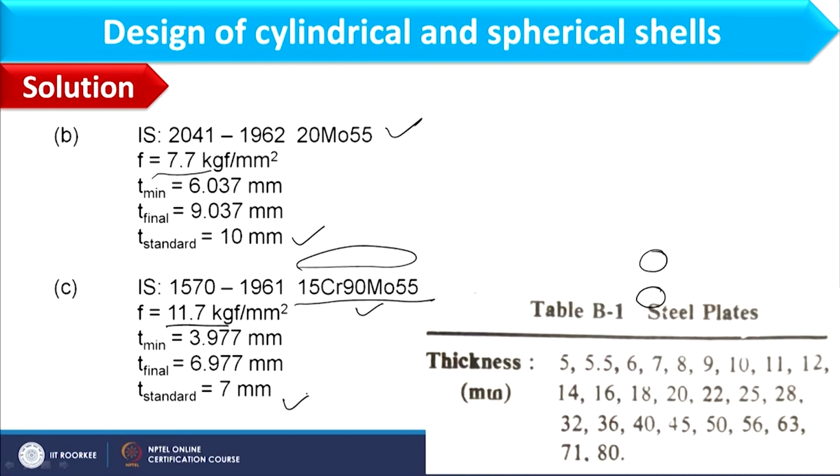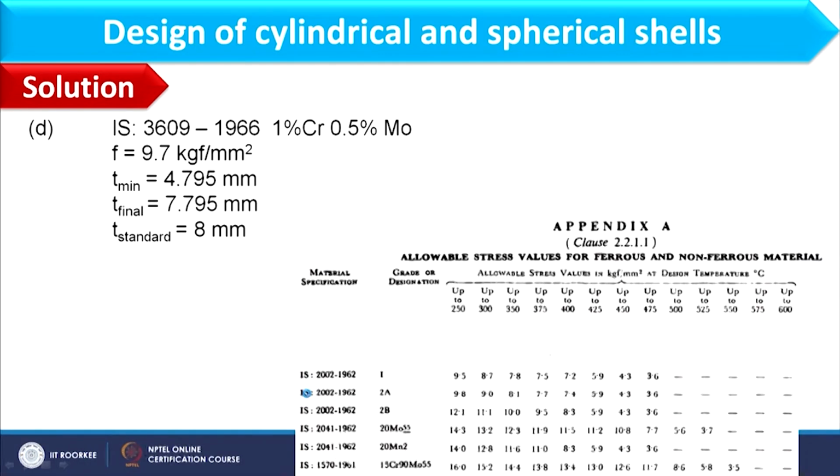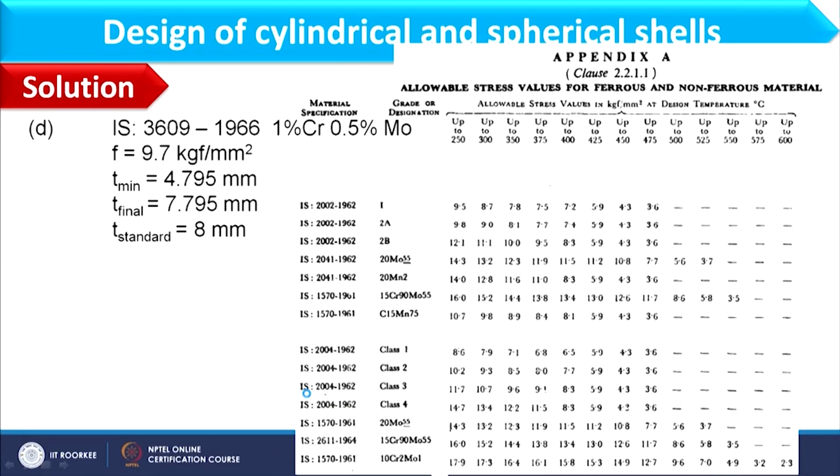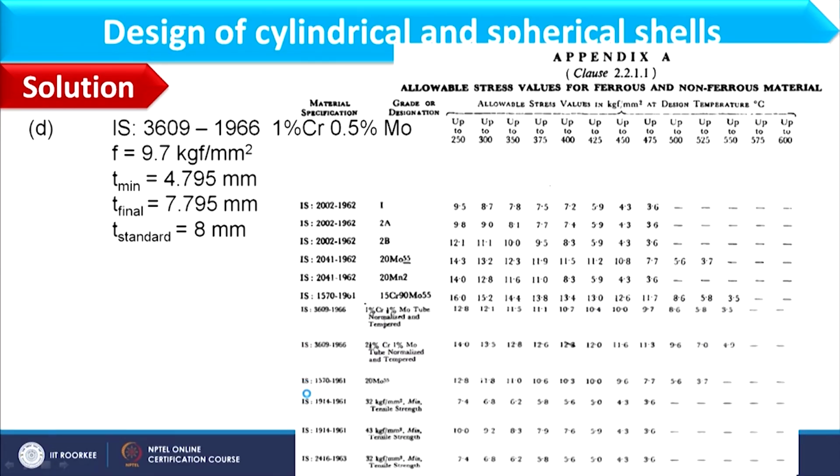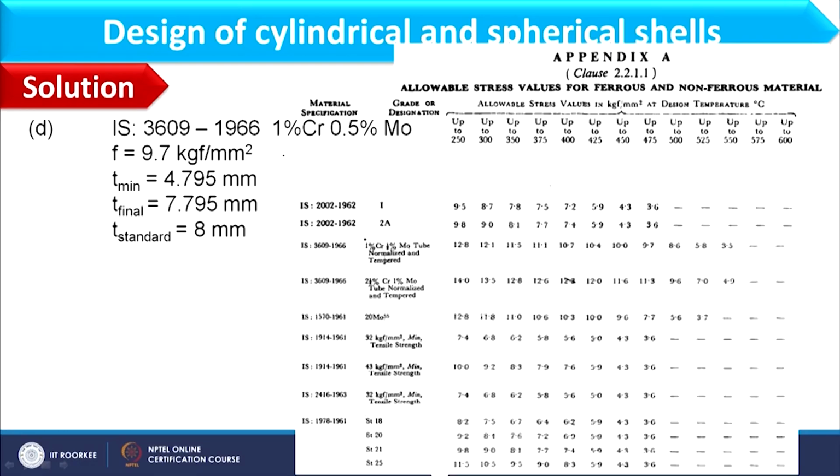And similarly we can compute for material D, where this material, that is IS 3609-1966, 1% chromium, 0.5% molybdenum, is available in the next page of this table. So, here you can find this material, and corresponding to 475 we have F value as 9.7.